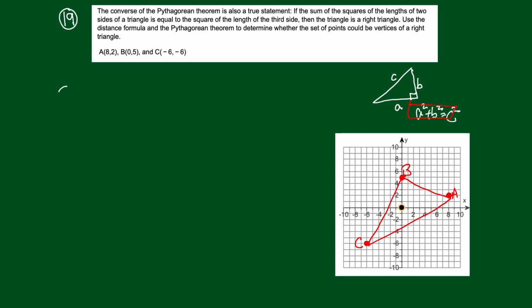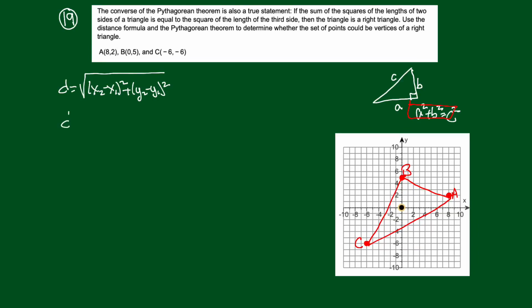So let's see, I'm going to write the distance. Here's the distance formula: the square root of x2 minus x1 squared, second x minus first x squared, plus second y minus first y squared.